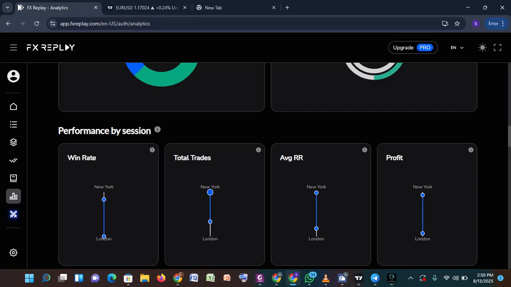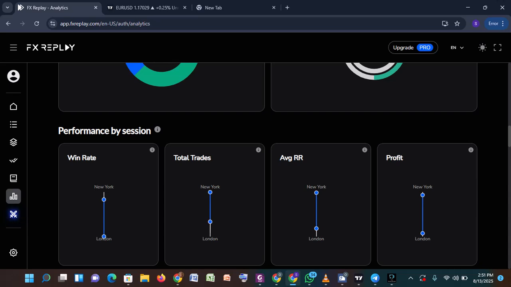So my losses come from New York session. So this can help me to manage how I approach the market when it comes to New York session, and have more focus on London session, as that session gives me more win rate and fewer trade opportunities and the best trades I could ever have, right?